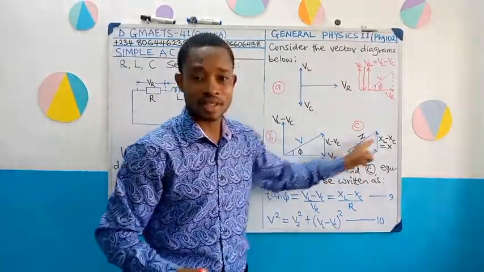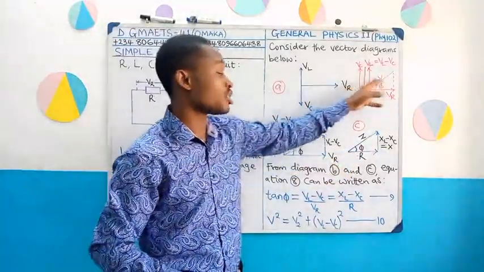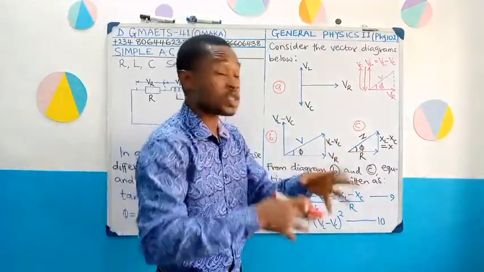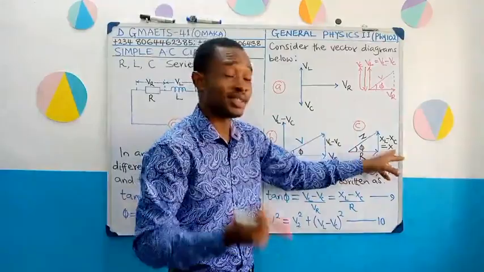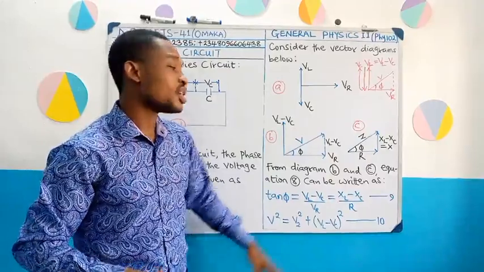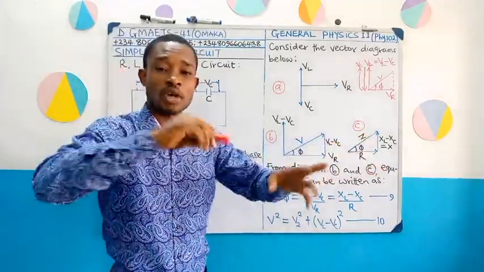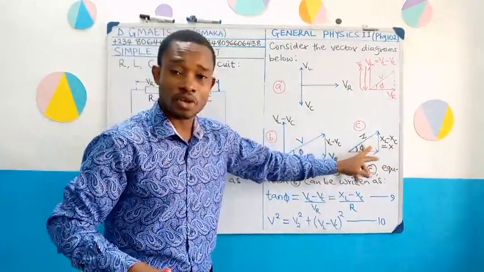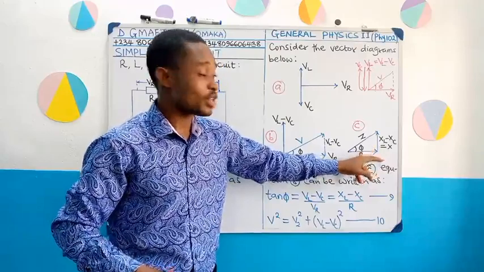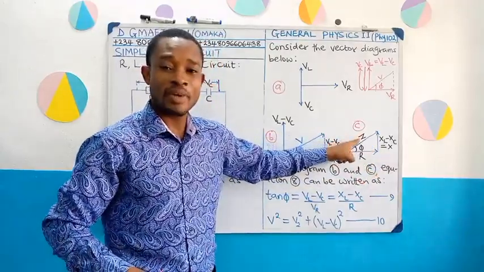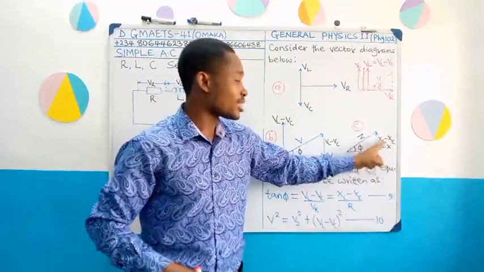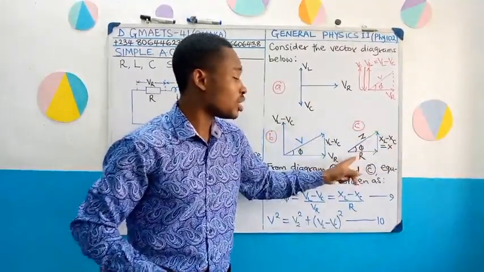The diagonal, which happens to be the hypotenuse, will now be the combined effect of the opposition to the flow of current offered by resistance and the reactance, which of course we call the impedance. You could see how we actually got that equation for impedance, because one could use Pythagoras theorem here: the square of the impedance will be equal to the square of the reactance, which is (XL minus XC) squared, plus the square of R.